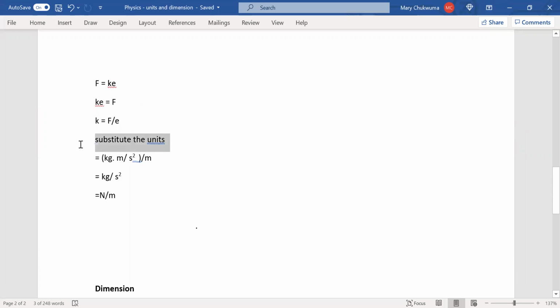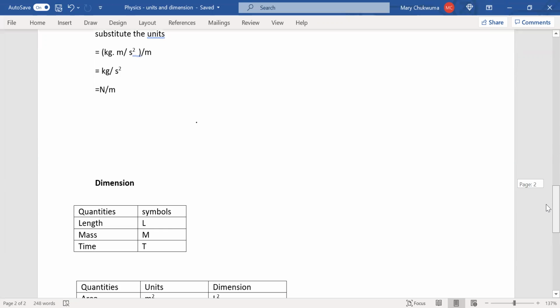So if you substitute the unit, which you already have above, this unit here represents the force, and meter here represents the unit of extension. If you simplify, you have it this way. However, you can leave it such that this unit will represent force, that is Newton, and your meter will be there. So you can still have it as Newton per meter.